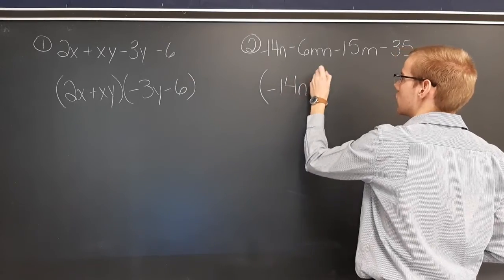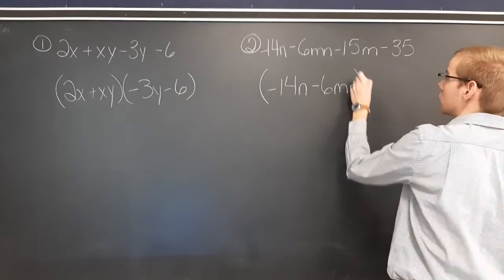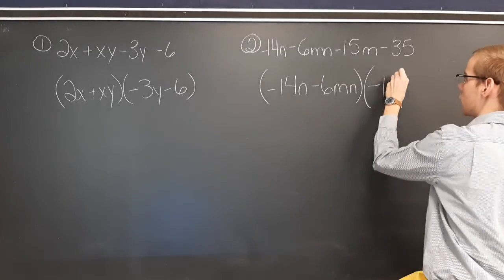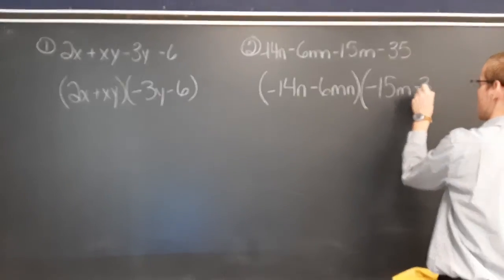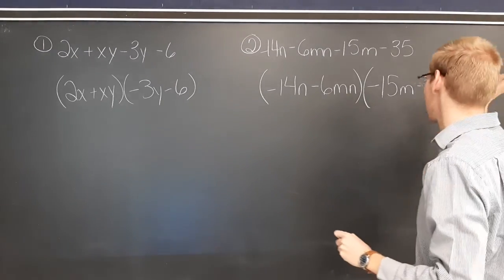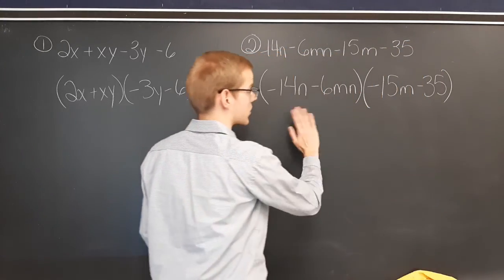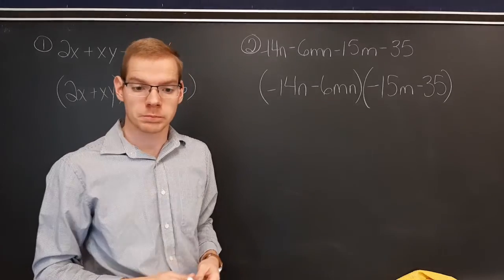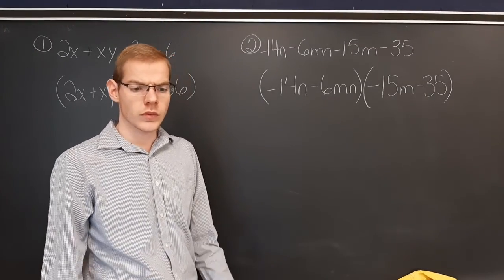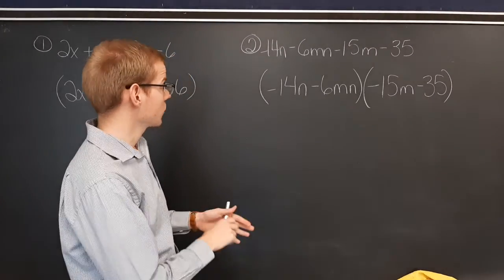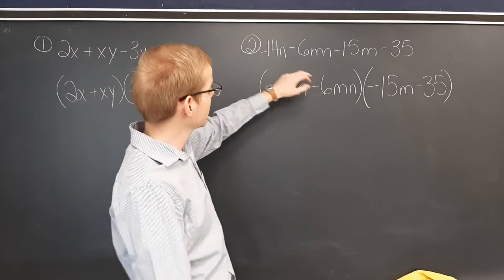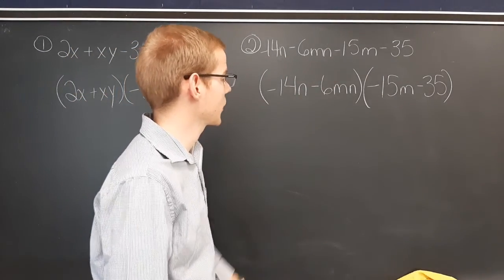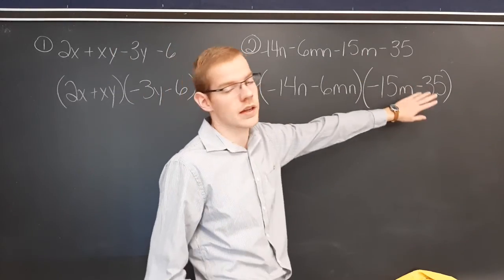Negative 14n minus 6mn, and then negative 15m minus 35n. 35. So we could simplify these, and we can simplify those. Makes sense, right? So do the rest of these on your own. Just take a look at if there's an n here, get another one with an n and put it in there. And then the rest.